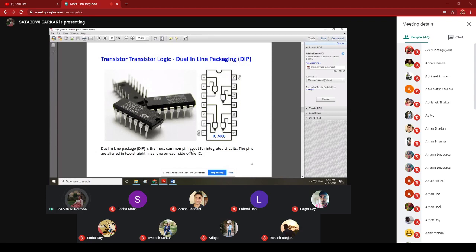Before this picture, I have shown you the IC diagram of the NOT gate. There were 6 gates, but here you will have only 4 gates. That is 1, 2 as the input of the NAND gate, and 3 as the output. We will get the output from pin number 3, and 4, 5 are the inputs, and 6 is the output, and 7 is ground.